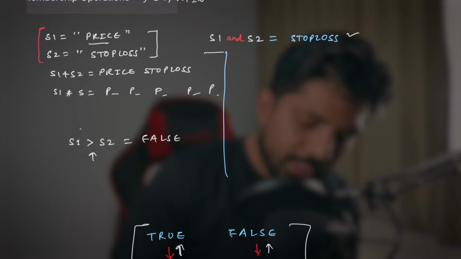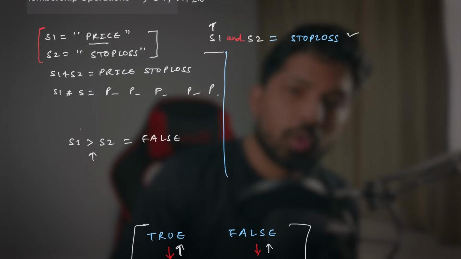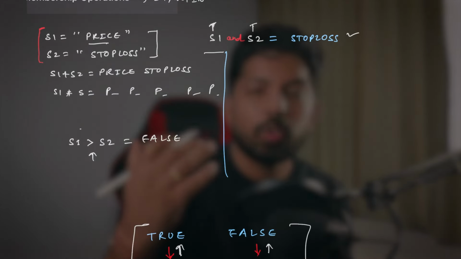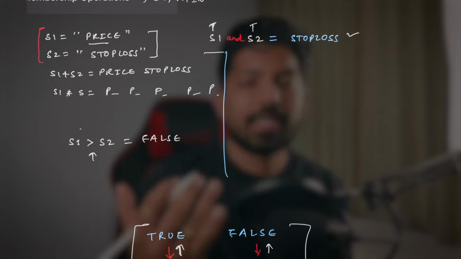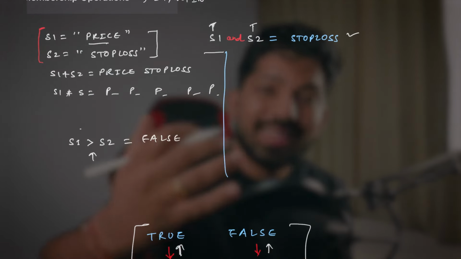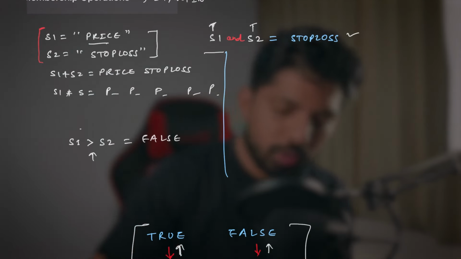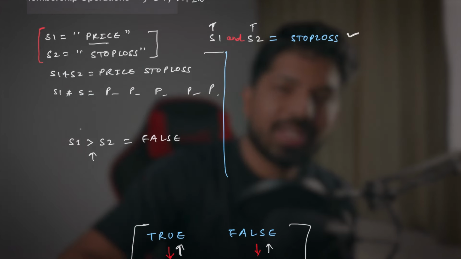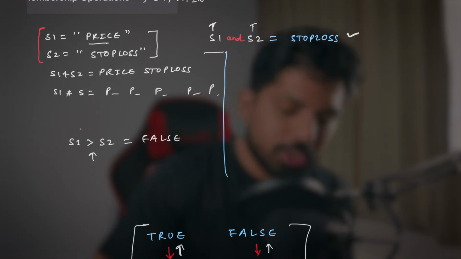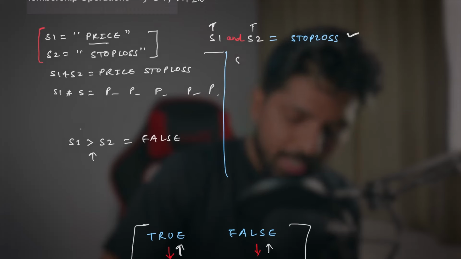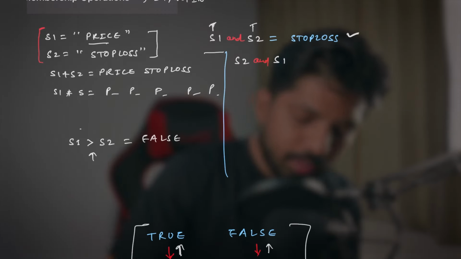First, price is not empty, so it is true. Then it checks S2, which is also not empty, so it is also true. In the AND operation, as we already know, both values have to be true to get the output as true. So it gives us the last value, which is stop loss. If I write S2 and S1, then we will get the output as price.